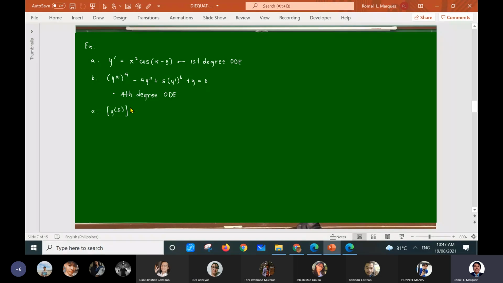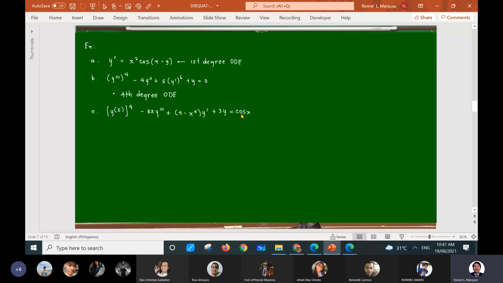So here, that is order. So fifth derivative raised to 4, and then minus 4x y triple prime, plus 4, minus x to the 4th multiplied by y prime plus 3y equals cosine x. What about this?